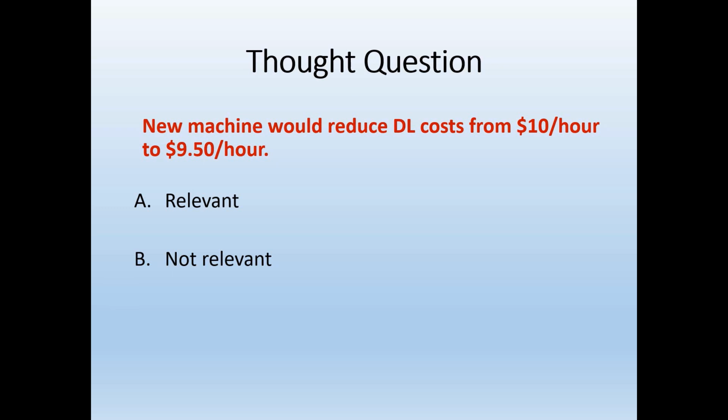Is that relevant? Yes, it is, because the firm will save 50 cents an hour on labor cost, most likely because the new machine is easier to use, so the firm can use somebody with less experience.